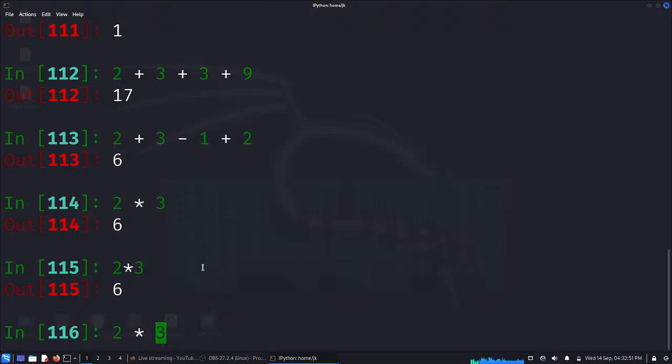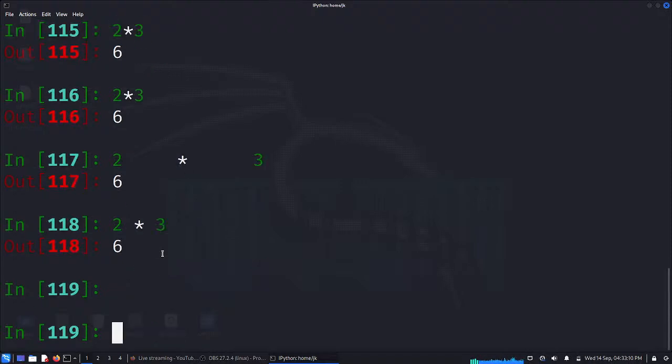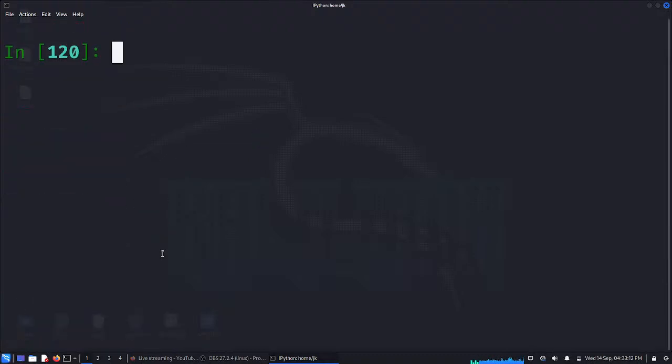I don't have to use a space, you can do it this way, or that way, that's okay, this is fine. I usually use one space to separate, and it's all about the readability of your code. So we can do multiplication.